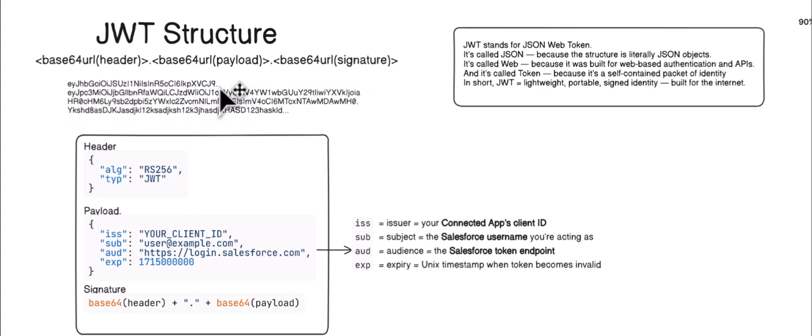Now these things might sound a bit confusing, like how the server is hashing the data and then using the public key, how it's verifying the signature. So I will suggest, don't get overwhelmed by these details.